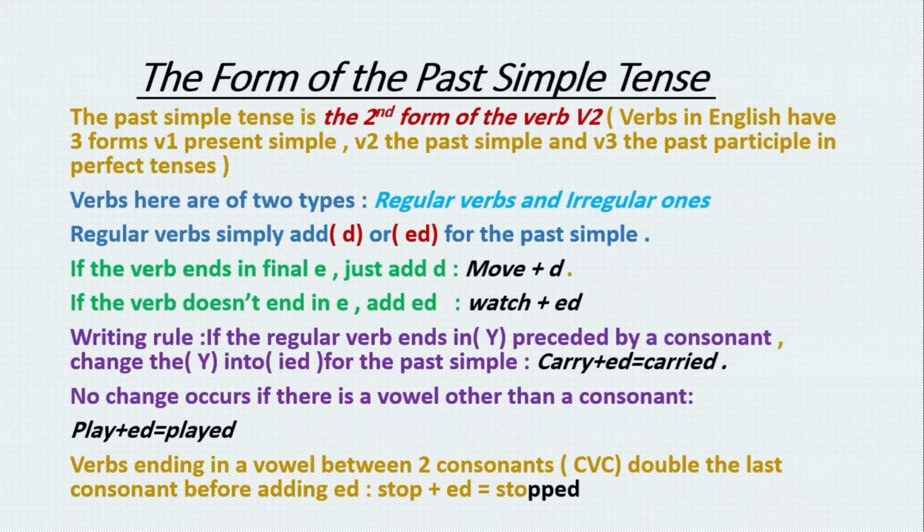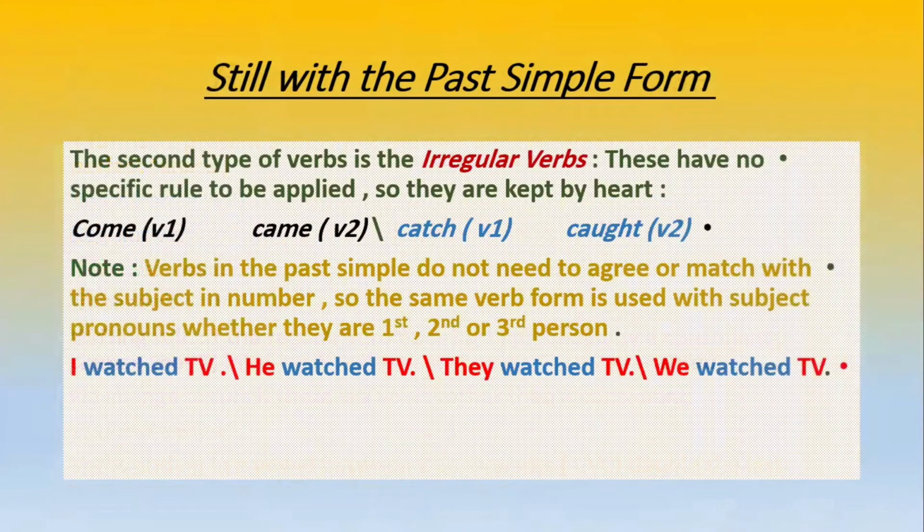So the simple past is formed by the second form of the verb. Here we are talking about the regular verbs that add only d if there is a final e, or ed as a whole if there is no final e within the base form of the verb. But here we have another type of verbs that is called the irregular verbs.